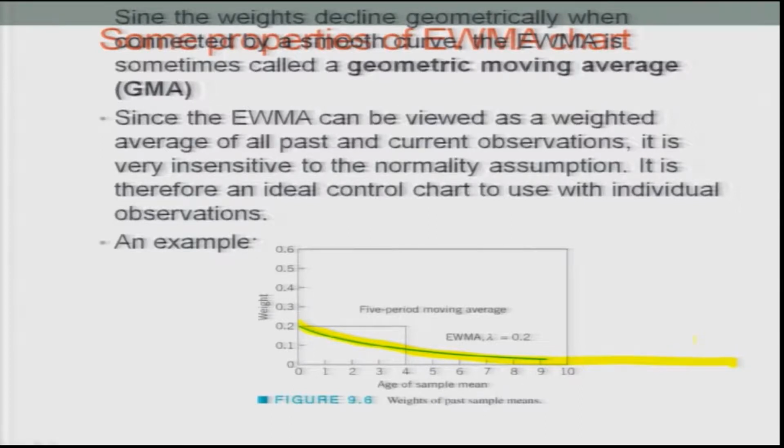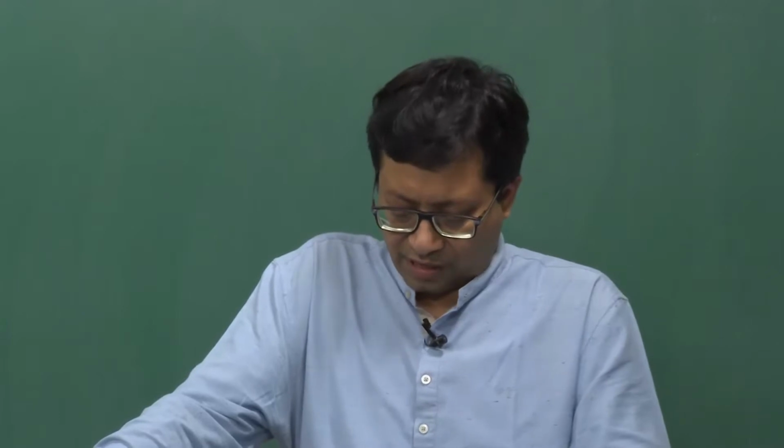Since the exponential moving average can be viewed as a weighted average of all the past and the current observations, it is very insensitive to the normality assumption. It is therefore an ideal control chart to use with individual observations. So, obviously, normality would not come into the picture because you are putting weights according to the overall prediction you want to make, or the overall level of importance you want to keep for different types of data.